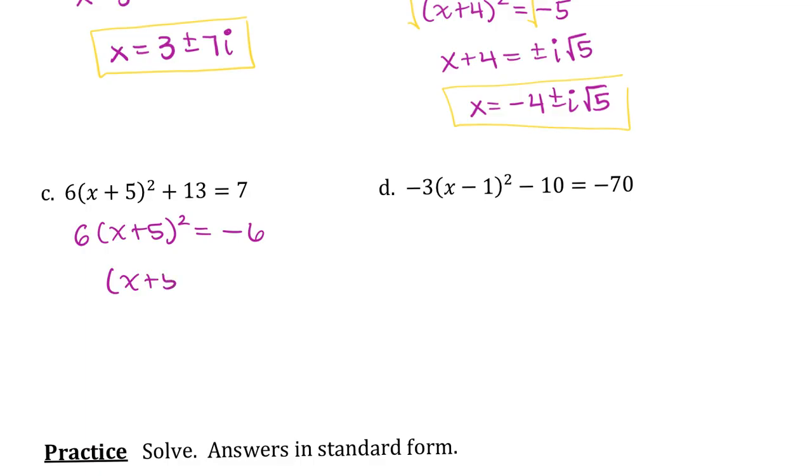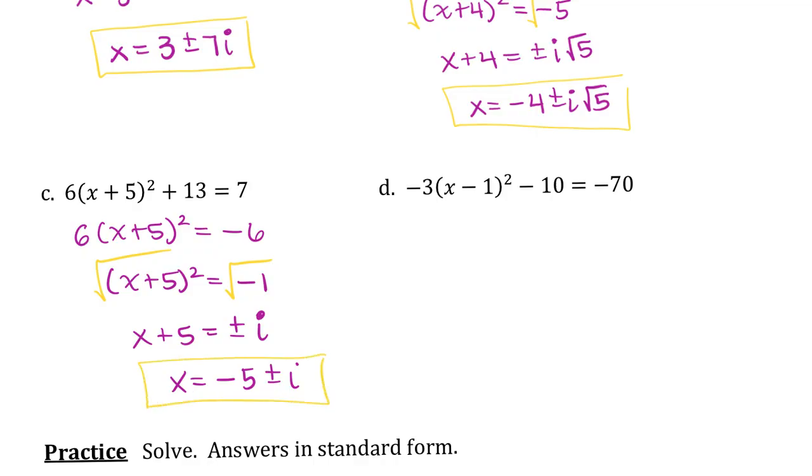X plus 5 squared equals negative 1. Okay, square root. X plus 5 equals, what's the square root of negative 1? Positive, negative. Well, it's just i. You can write 1i if you want, but it's actually i. Okay, I'm going to minus the 5 to the other side, so my answer is minus 5 plus or minus i. And I did put the real first and the imaginary second.